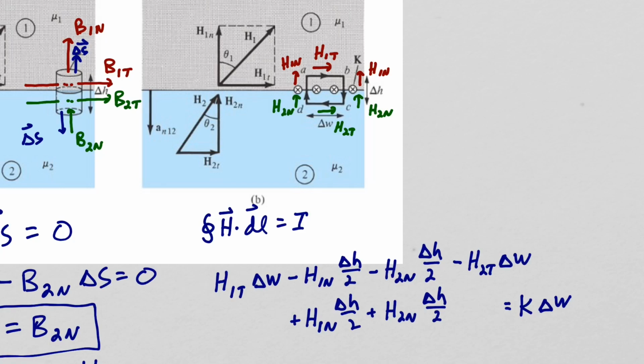We defined our surface current density as flowing into the page, so if you put the fingers of your right hand in the direction of our integration, this clockwise direction, your right thumb points into the page.